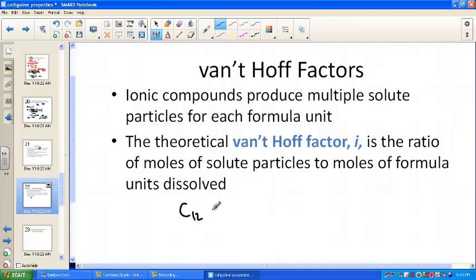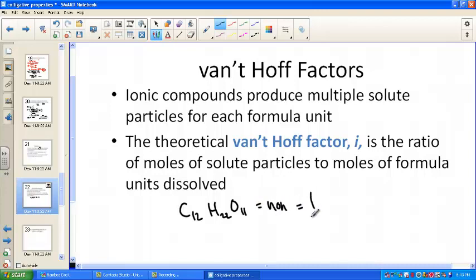If I take table sugar, C12H22O11, there's my formula. I can see it's a non-electrolyte.